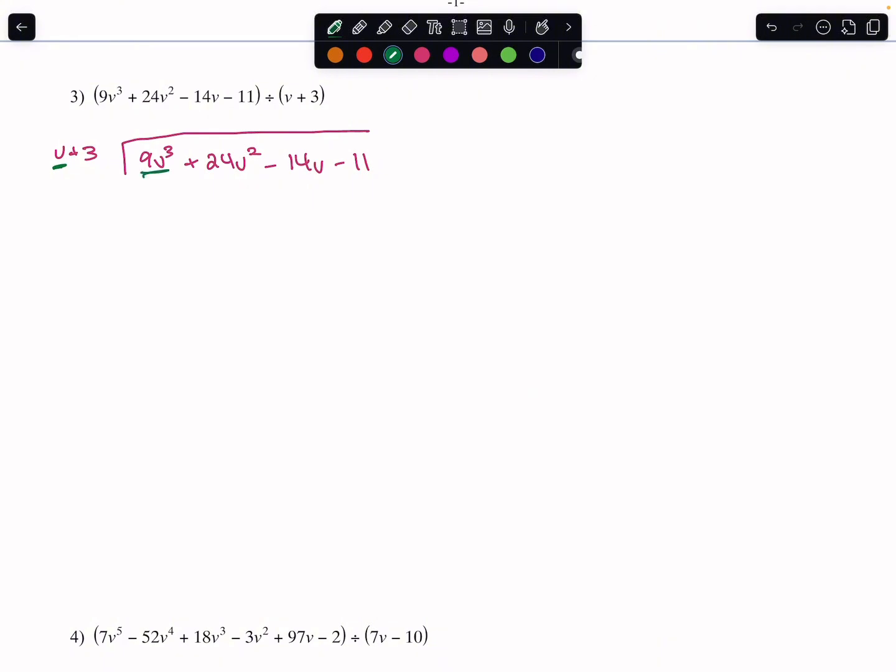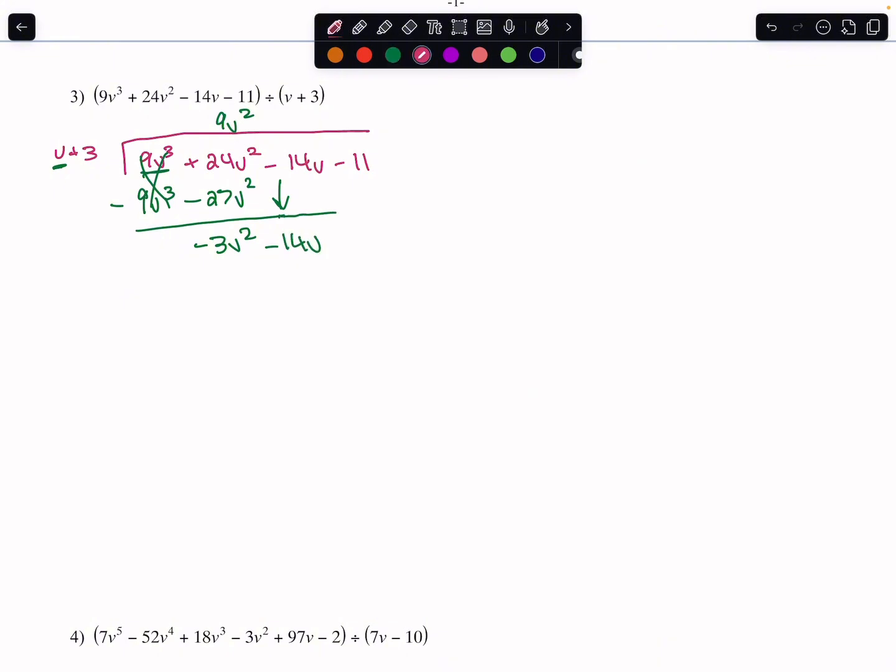Change the signs. That's going to cancel. 24v squared minus 27v squared is negative 3v squared. I'm going to go ahead and drop down this negative 14v. Now, v times what is negative 3v squared? Negative 3v. Negative 3v times v is negative 3v squared.